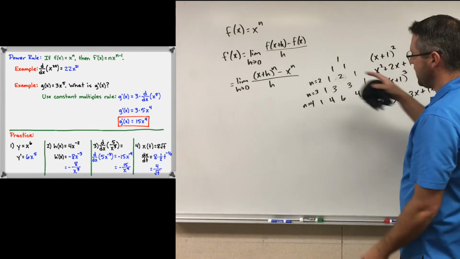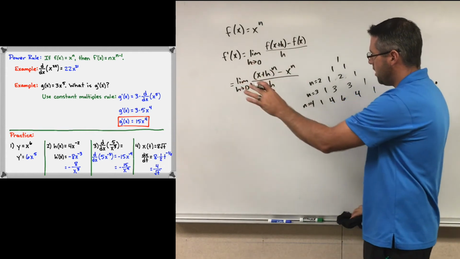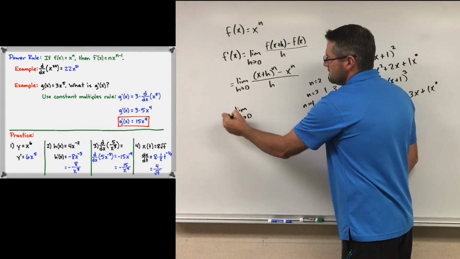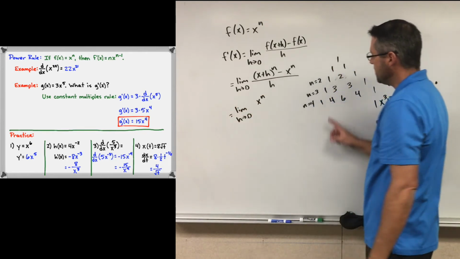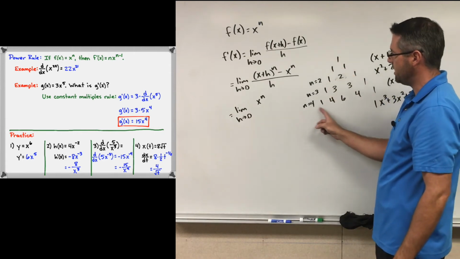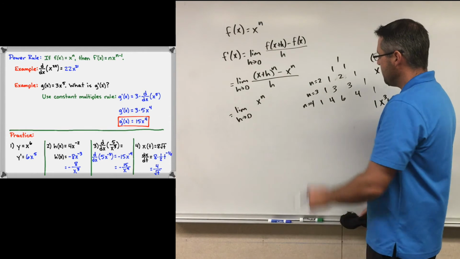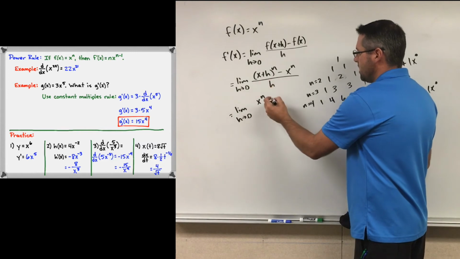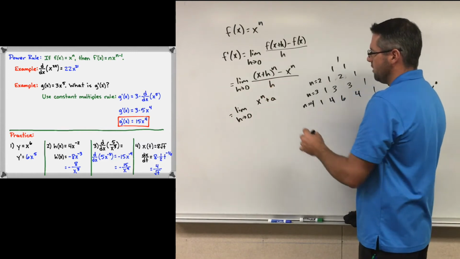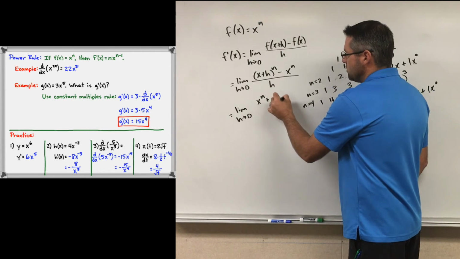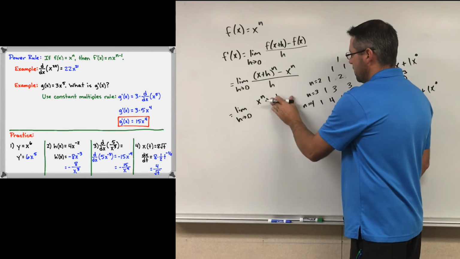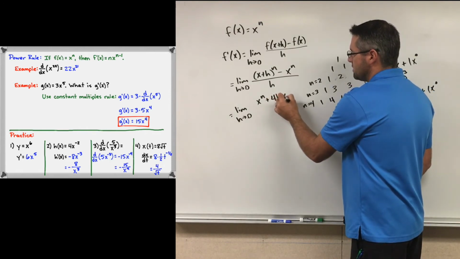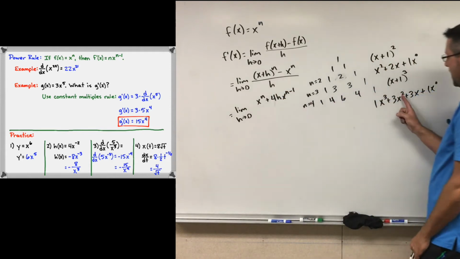The point is, as you go through this, if I expand this and multiply it all out, I'm going to end up with the limit as h approaches 0 of x to the n, because the first term in any of these, no matter what n is, the coefficient's 1. Then the next term will be plus some constant value times h, I'm sorry, the constant value is 4, so 4 times h times x to the n minus 1, because remember we subtract 1 as we go down.